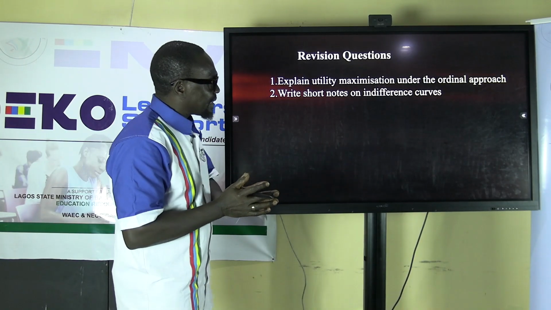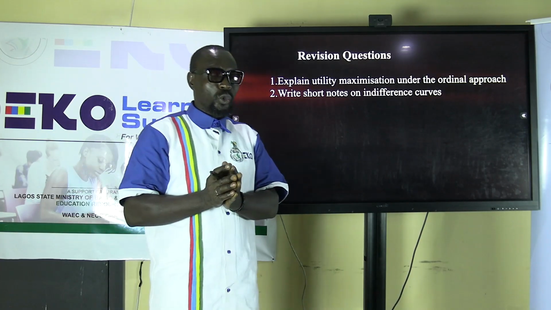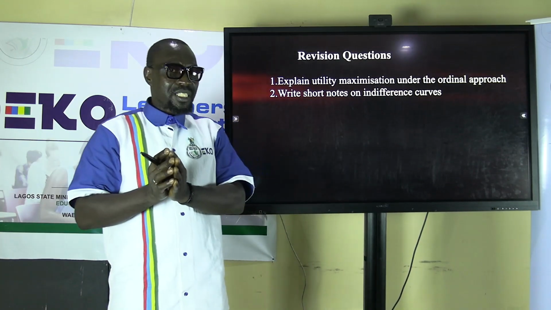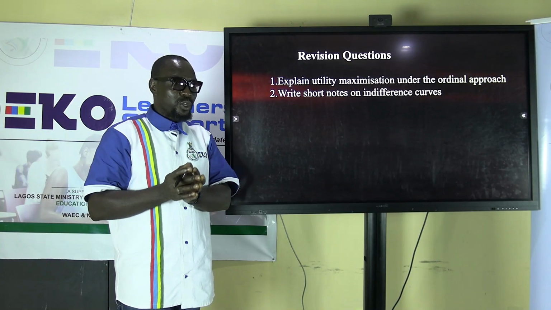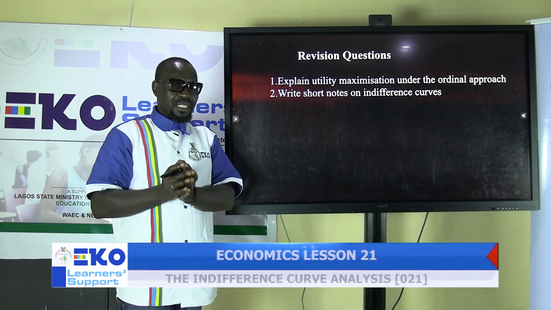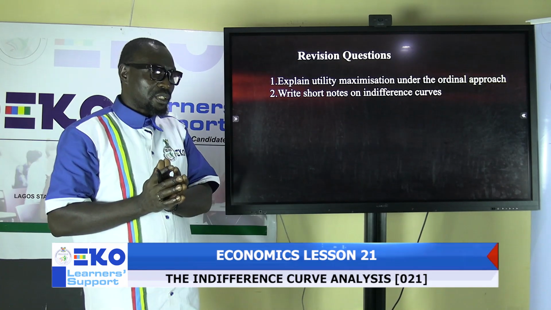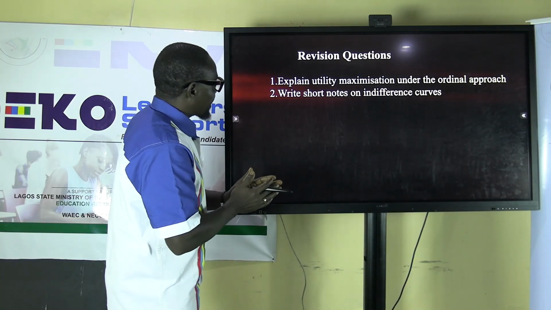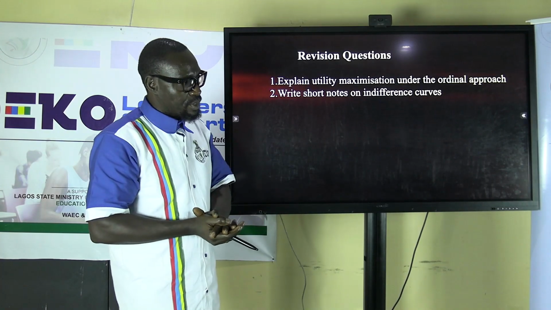Its properties include the fact that the indifference curve is downward sloping, which is based on the law of marginal utility. It is convex to the origin when you draw it on a graph. The higher the indifference curve, the higher the level of satisfaction. And I've mentioned the fact that you have to show it on a graph and show the way it slopes.